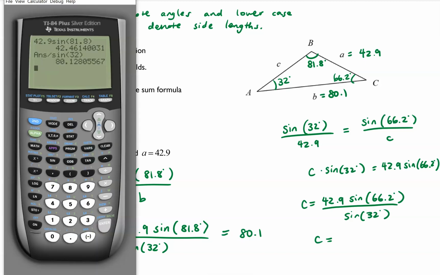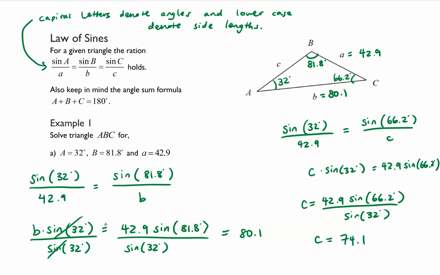And I'm going to throw that into my calculator now. So I have 42.9 times sine of 66.2. And then I'm going to divide that by sine of 32 degrees. And that tells me that lowercase c is equal to 74.1 units.